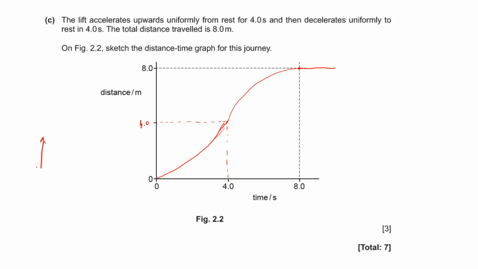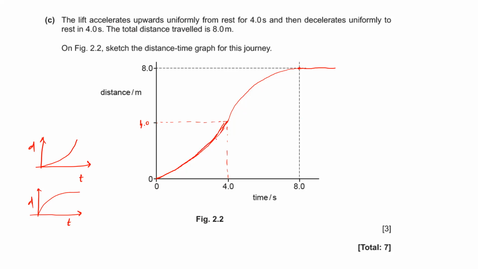Remember, the uniform acceleration distance-time graph looks something like this. Similarly, the uniform deceleration graph looks something like this. So this is how this graph will look. There is a curve.